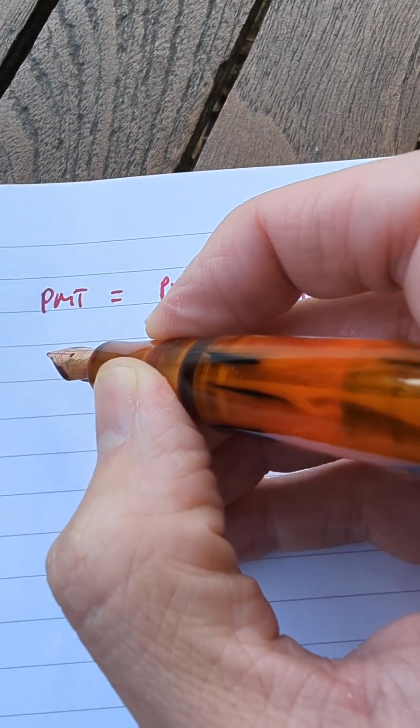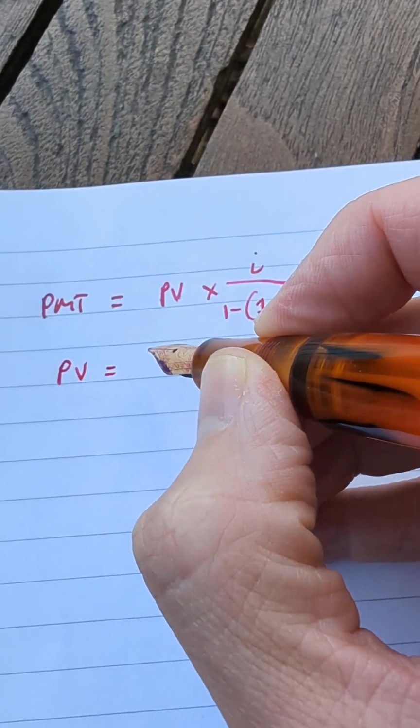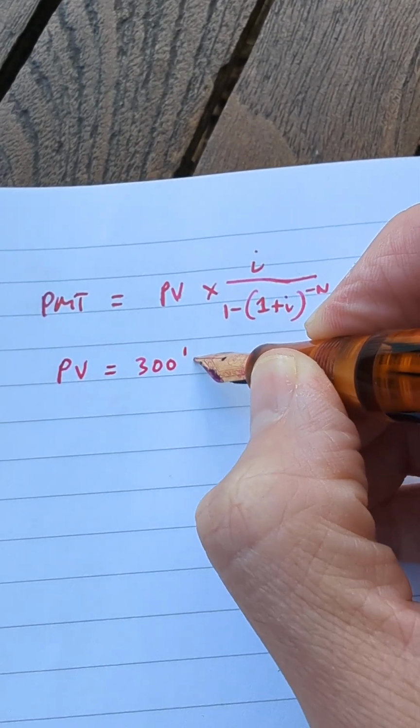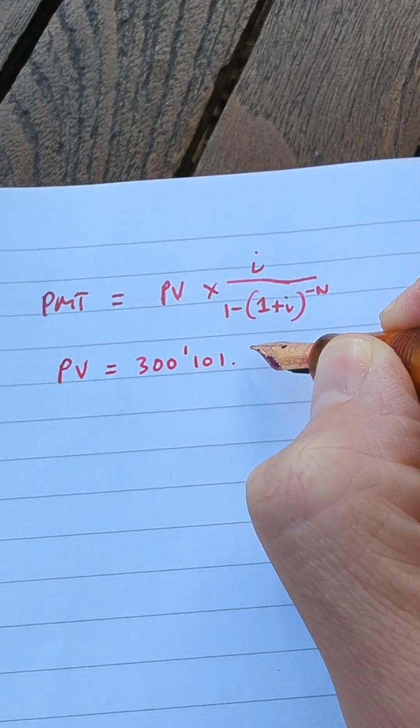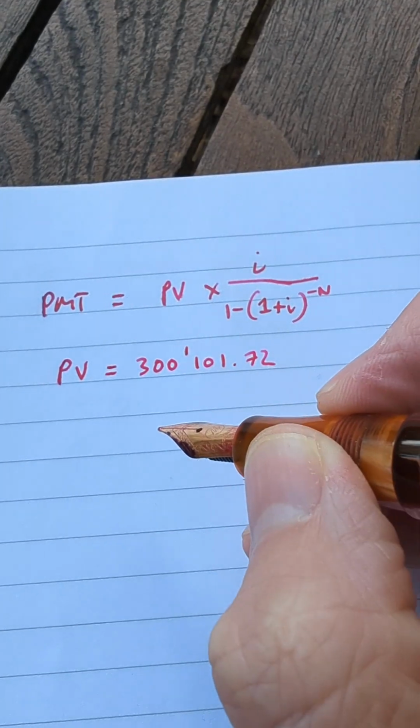And this is a bit of an extreme example. So present value is equal to 300,101.72, or dollars or whatever.